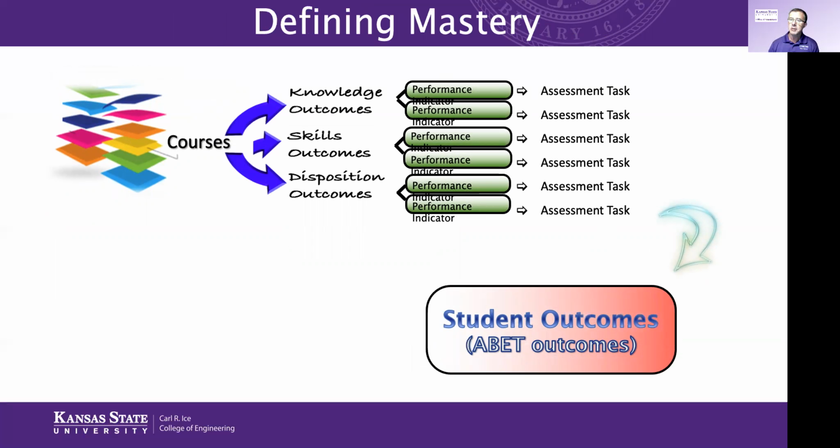But the scores from the performance indicators are used to indicate competency of a component that exists within the student outcome. The reference of mastery refers to the level students are expected to demonstrate of the performance indicator upon degree completion.